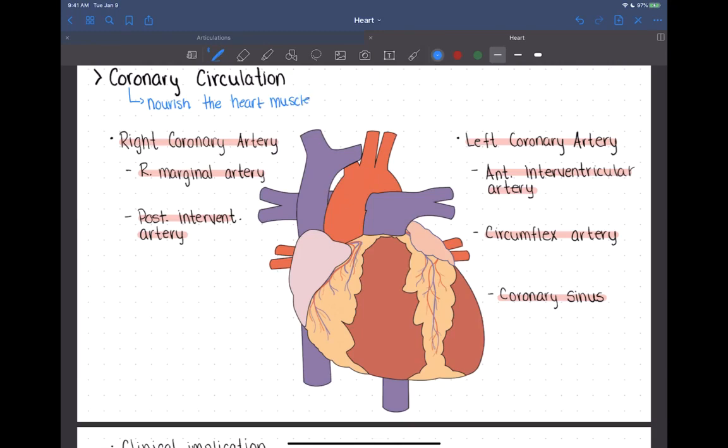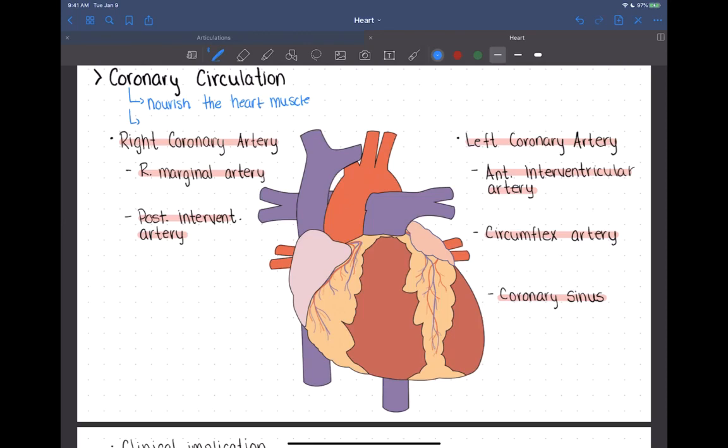So the heart's job is to get oxygenated blood from the lungs and send it to the body. But the heart, containing all this muscle that works very hard, nonstop all day, also needs nourishment itself, right? It needs oxygen, it needs glucose and all that stuff. So it is the job of that coronary circulation to bring that nourishment to the muscle tissue, okay?